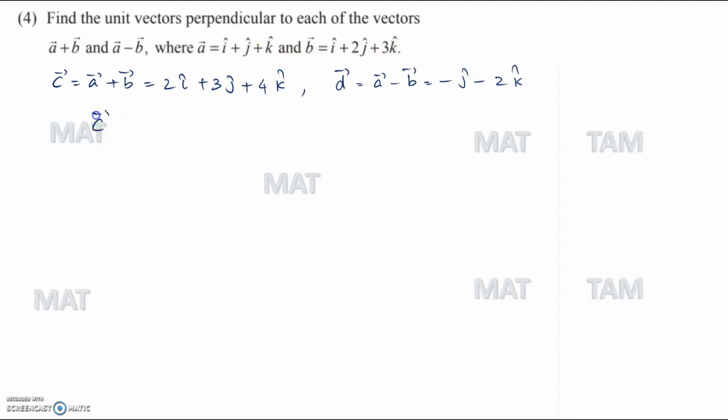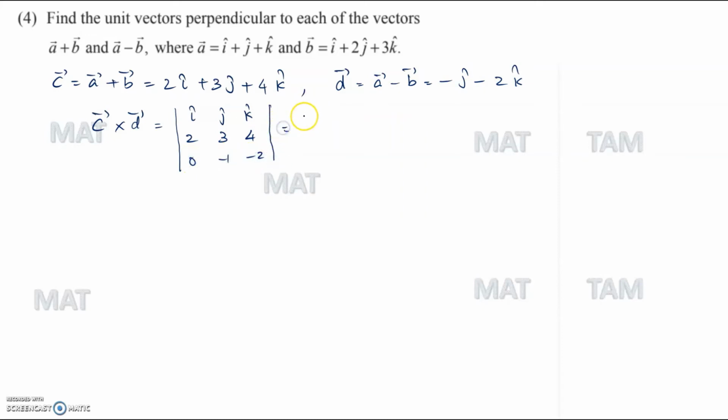So vector C, vector product with D vector will be equal to the determinant i cap, j cap, k cap. And now the coefficients of i cap, j cap, k cap for vector C is 2, 3 and 4. Similarly for vector D, it is 0, minus 1, minus 2.